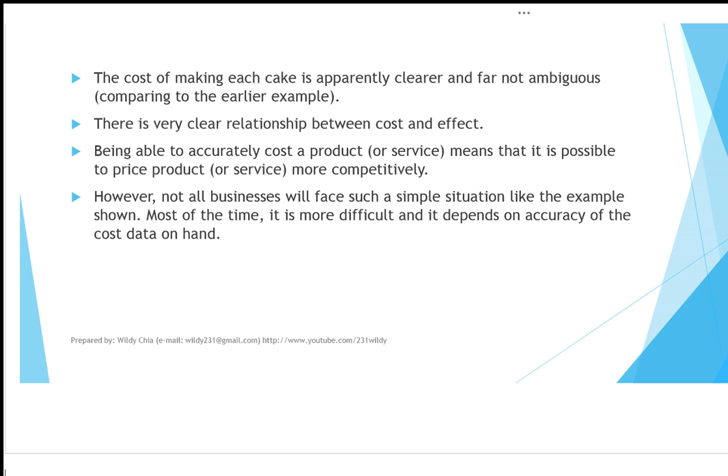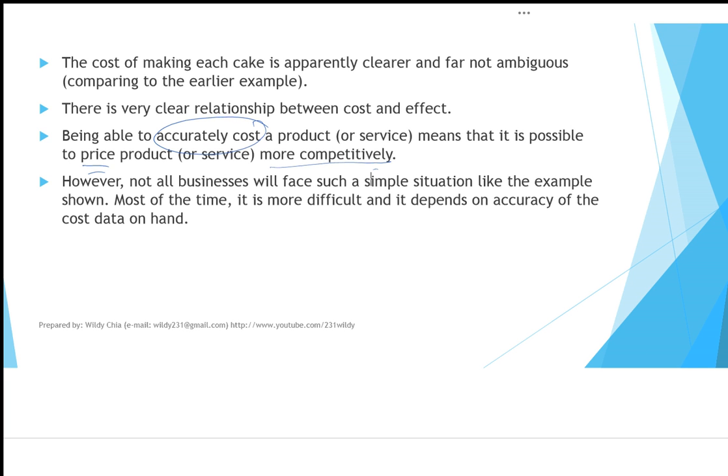When you look at the different types of products being produced, when you have those details, it becomes much clearer as to how to allocate the costs to each product line. And for sure, if we are able to determine exactly the cost of producing a good, it means that the pricing would also be much more competitive. So that's really the point here.